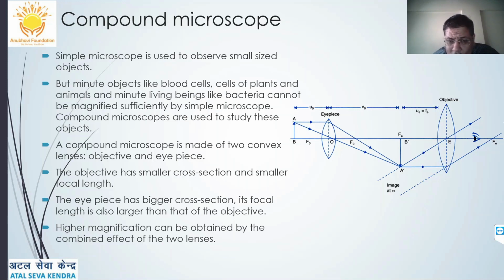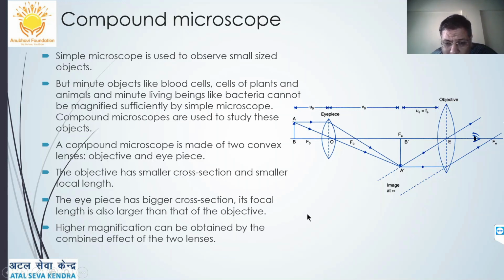The objective has a smaller cross section and a smaller focal length, while the eyepiece, sorry, there is a typo error. This is the objective, this is the eyepiece, okay. The eyepiece has a bigger cross section. Its focal length is also larger than that of the objective.